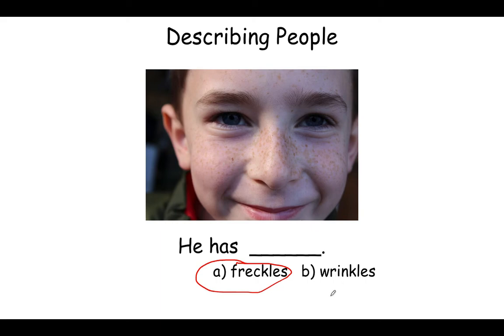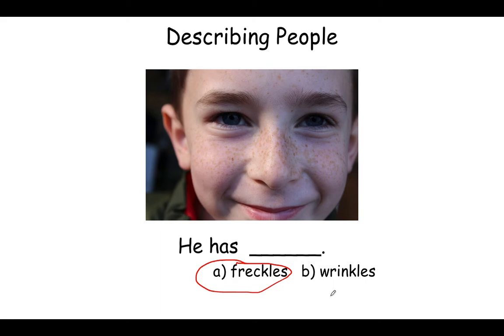Wrinkles is what you have around your eyes when you get older and on your face. If you tell somebody, oh, you have some wrinkles, some people in America find this offensive, but for the most part, wrinkles aren't a bad thing.